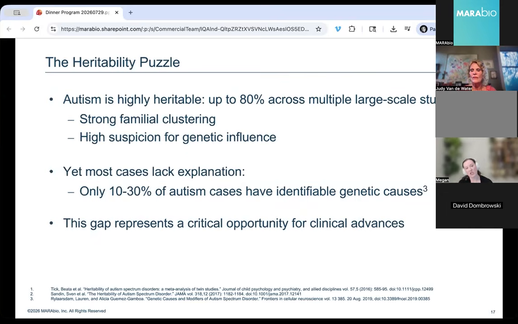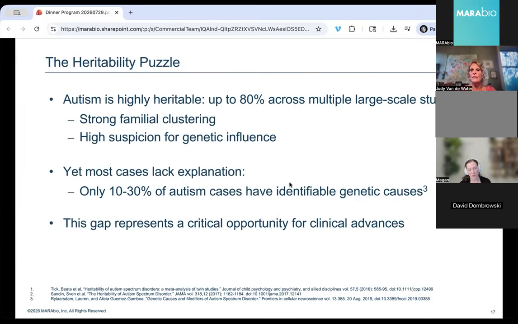But here's where the challenge comes in, from my experience working in the genetic space: we know that autism is highly heritable. Many studies say up to 80% across multiple large-scale family twin studies. We see strong familial clustering. There's a high suspicion for genetic influence. Yet, in my experience, even offering some of the most comprehensive genetic testing, like whole exome or even whole genome sequencing, genetic testing really only identified a pathogenic or underlying genetic cause for autism in about 10 to 30% of cases.